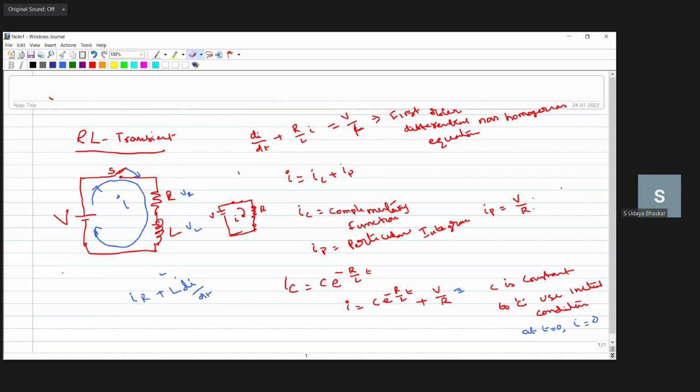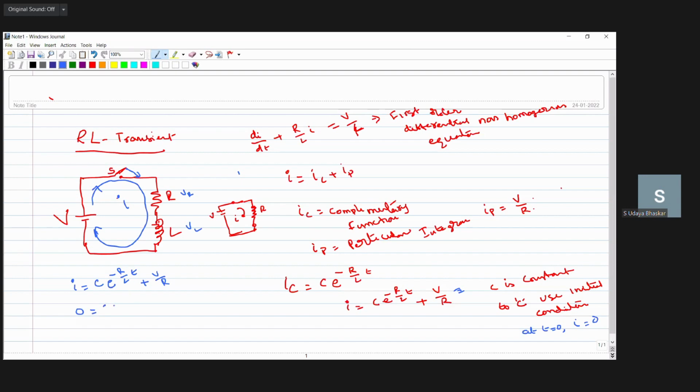I can write I is equal to C into e to the power of minus R by L into T plus V by R. So substitute t is equal to 0, I is equal to 0, that is 0 is equal to C into e to the power of minus R by L into 0.